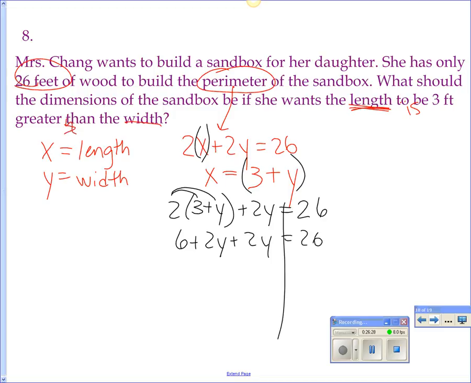Riley K, what happens next? And Stephen R, what do you do last right here? And so you get y is 5. Sorry, y is 5.